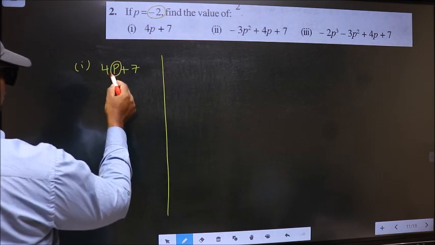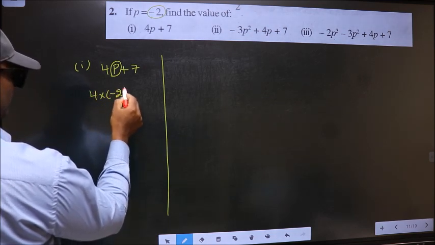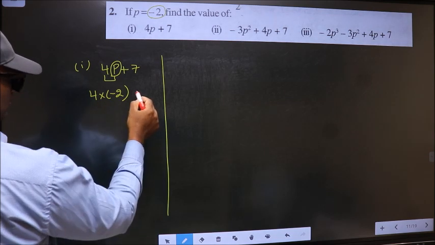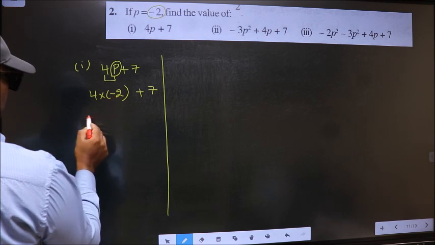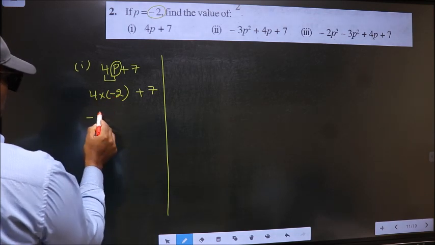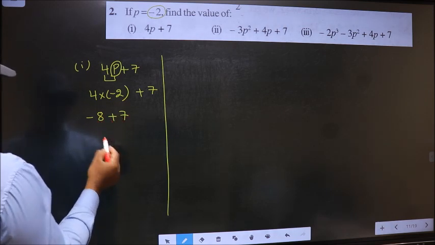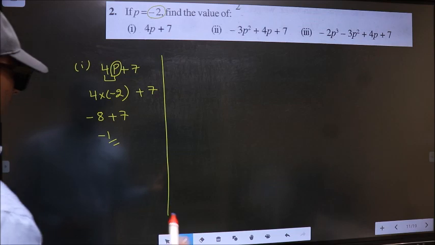So in place of p, we should write minus 2. In between these two, the symbol is into, plus 7. So now negative symbol first, 4 into 2, 8, plus 7. Minus 8 plus 7 is minus 1. This is our answer.